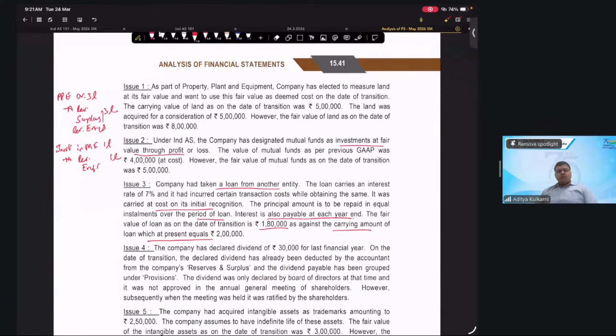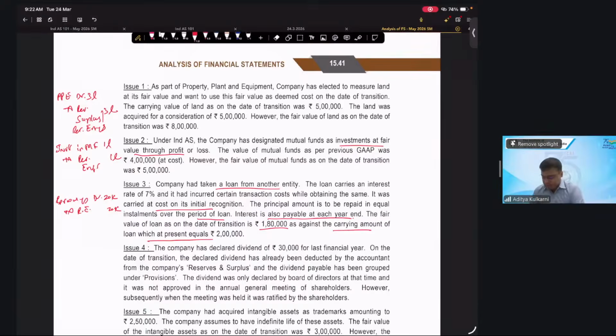And these expenses, whatever are incurred, will be adjusted against the loan balance under Ind AS. So the entry will be borrowings debit, to retained earnings, 20,000. Are we okay with this?